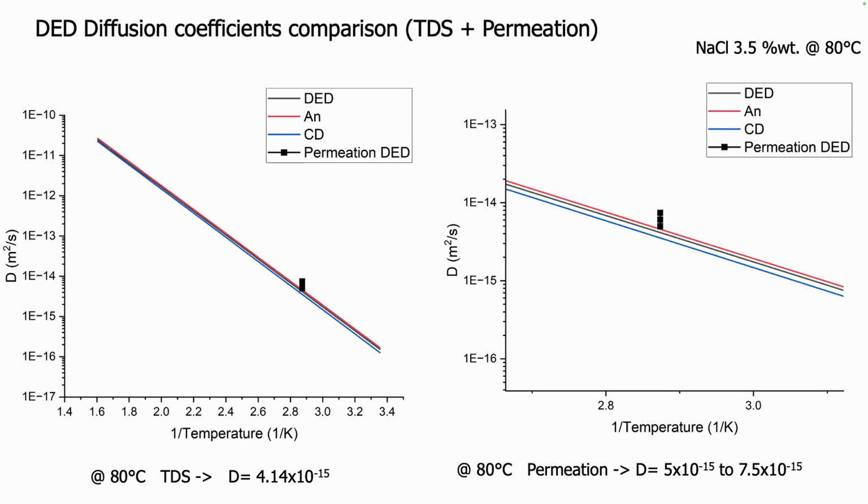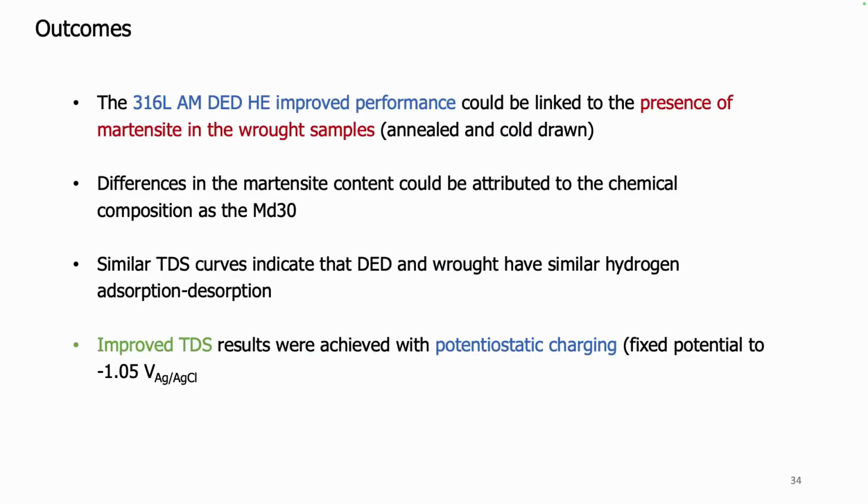It's quite frustrating. So the takeaways. When we compare the DED against the rod counterpart, we saw a better performance of the direct energy deposition additive manufactured samples. And we can link it with the phase so far. The presence of martensitic phase in the rod counterpart is well established as not good for hydrogen embrittlement.